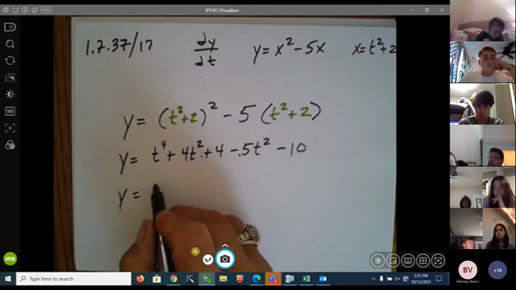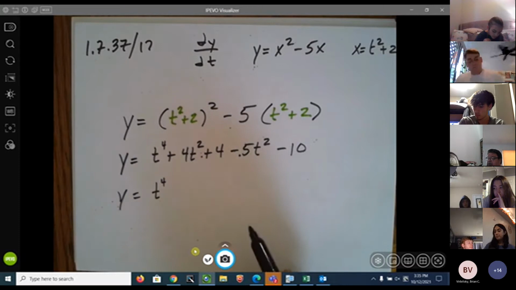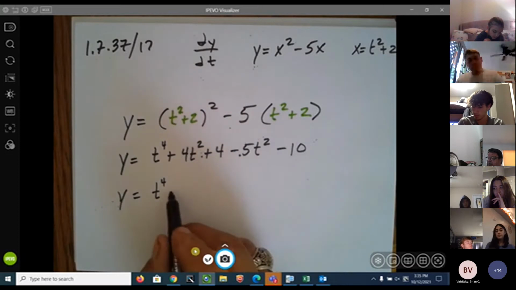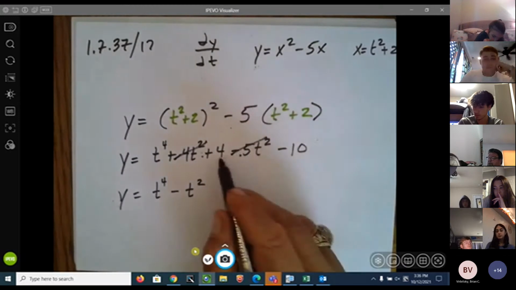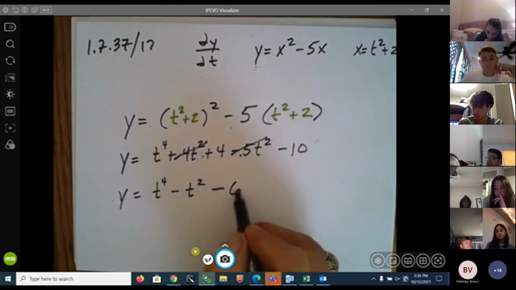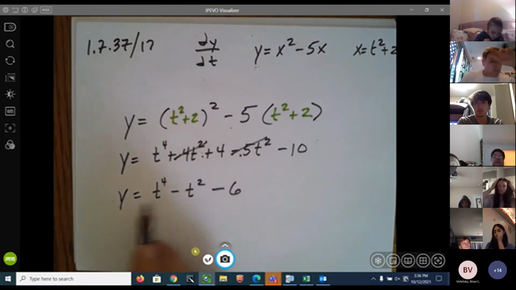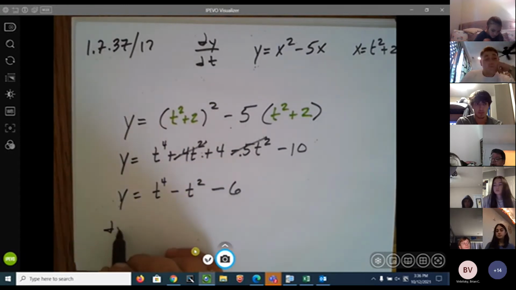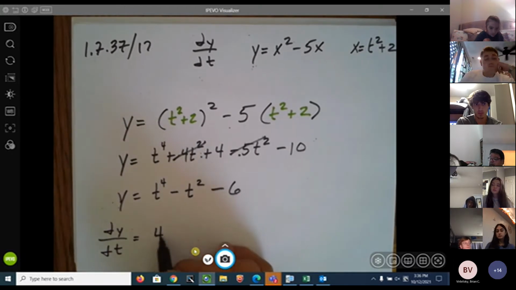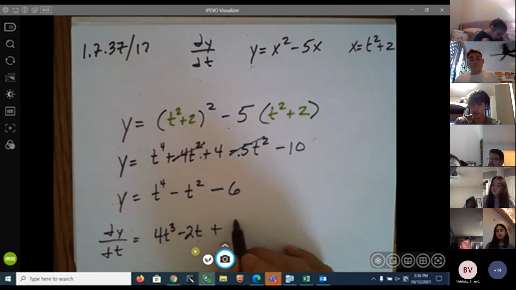Y is equal to t to the 4th. 4t minus 5t is negative t squared. 4 minus 10 is negative 6. And that is your equation that you want to take the derivative of. So dy dt is equal to 4t to the 3rd minus 2t plus 0.